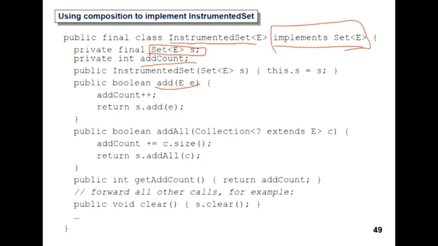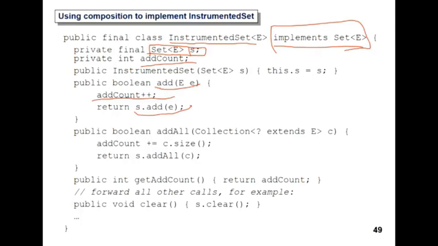So you create our add method. We do our add count plus to increase the number of elements. And then what you're doing is you're returning s.add. So you're not using the super keyword. There's no concept of a superclass in this case because you're not inheriting from anywhere. It's this s here. It's a completely different object. Okay, so it's not the same object as the one that you're working on.